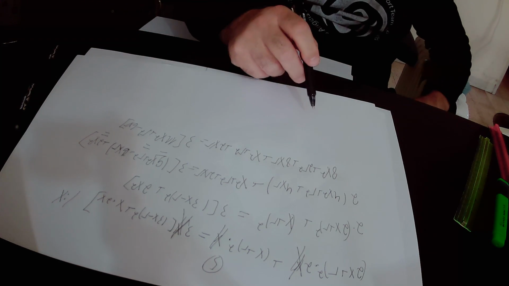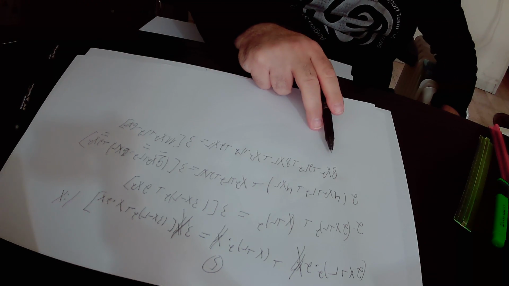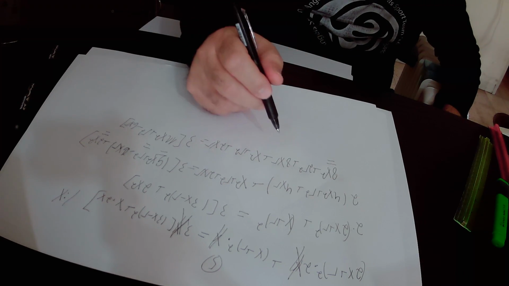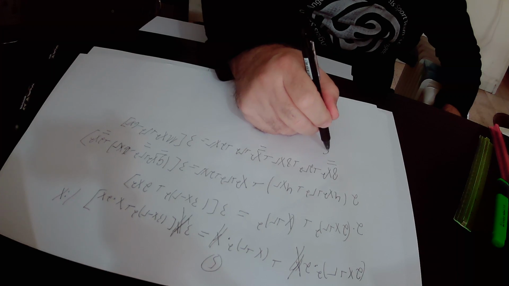In this side of the equation we have 8x squared plus x squared is 9x squared.